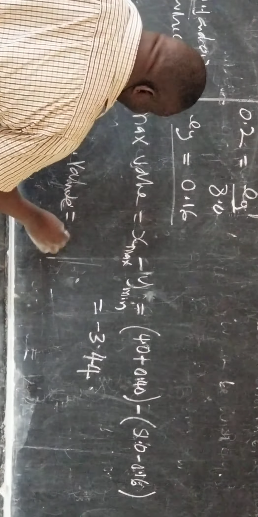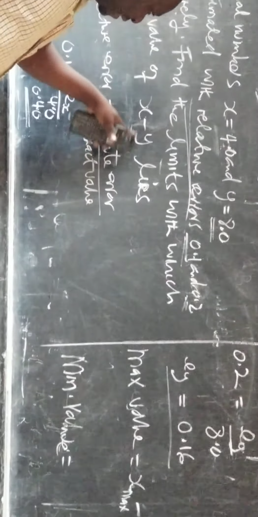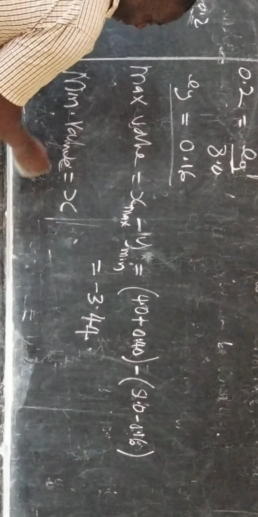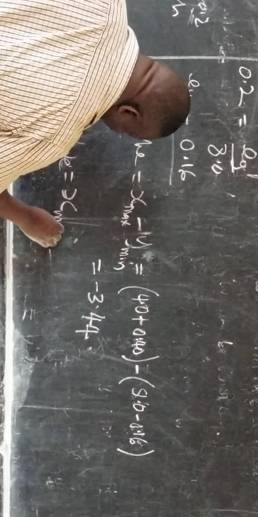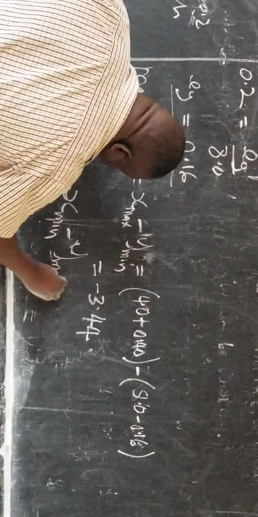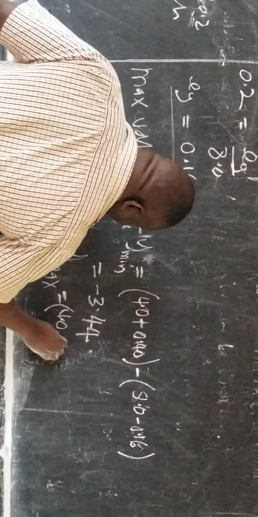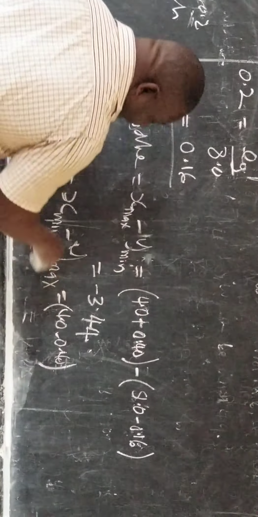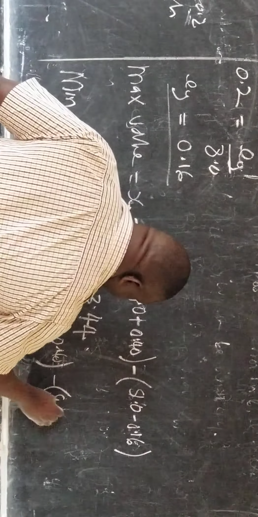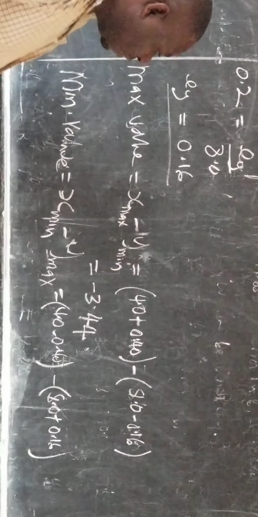The minimum value, since it is the difference of two quantities, x minus y: if you want to make something very small, you make x very small, that is minimizing, and what you are taking away, y, you make very big. So here we shall have 4.0 minus 0.40, then minus 8.0 plus the error, which is 0.16.